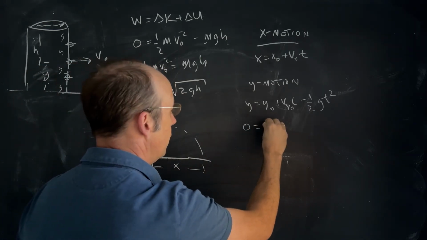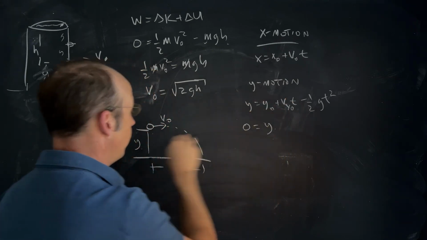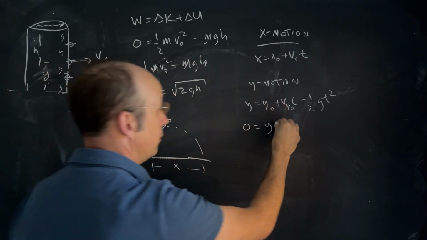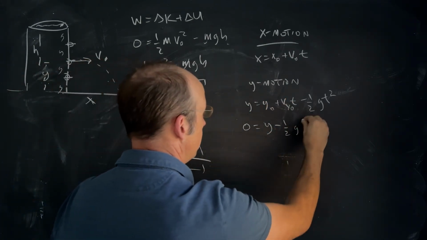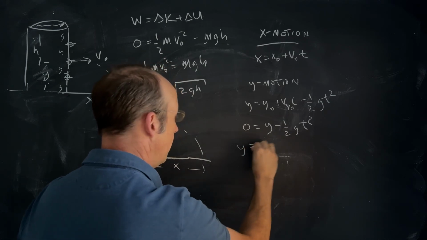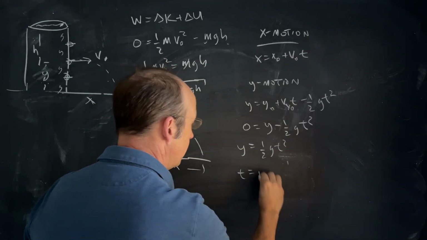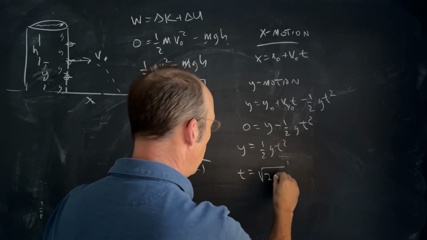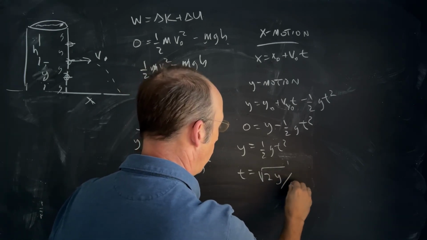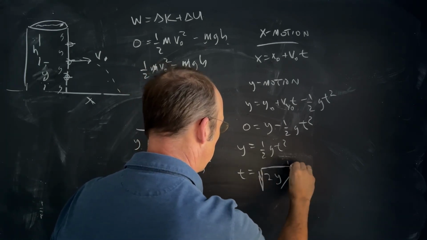So 0 is y, plus the initial y velocity, which is 0 since it's shot horizontally, minus 1/2 gt squared. So y is 1/2 gt squared, and t is the square root of 2y over g.